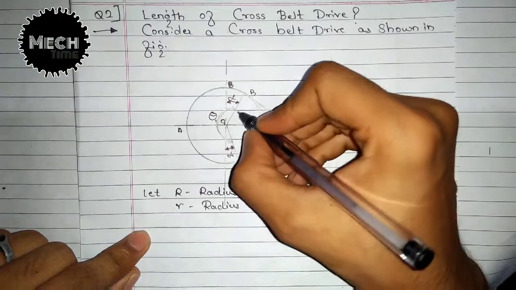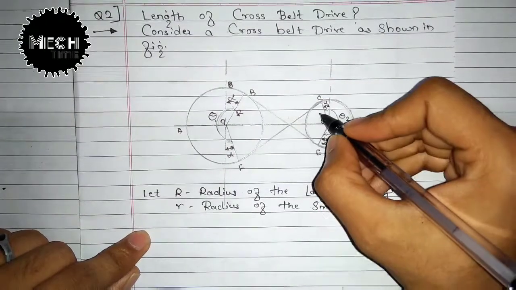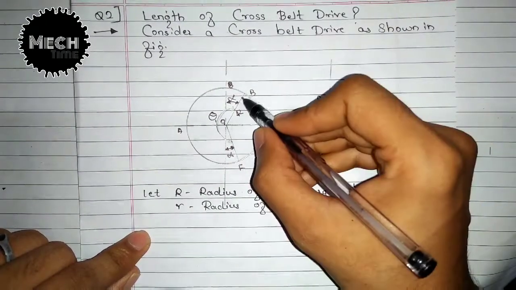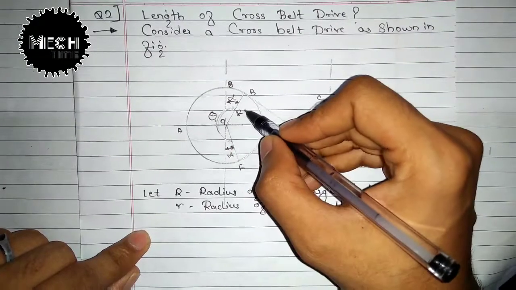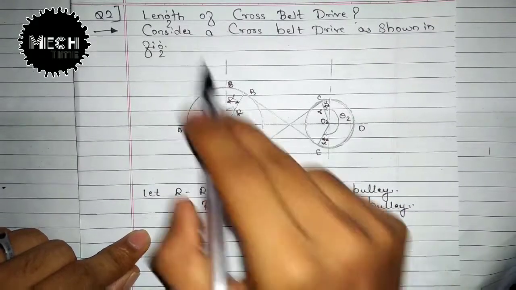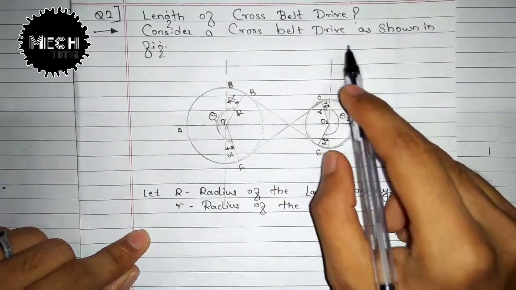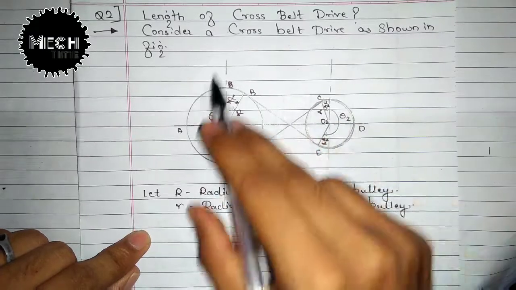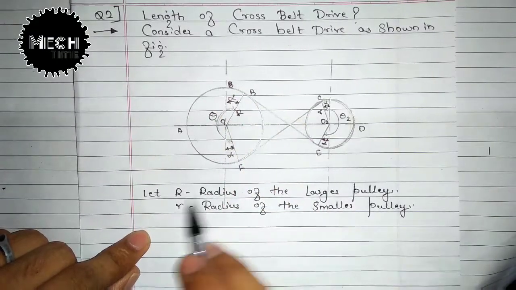So first consider a cross belt drive as shown in the figure, then draw this and write this.